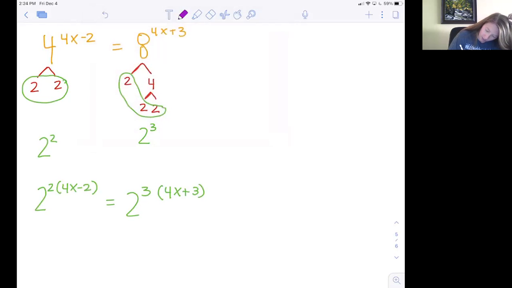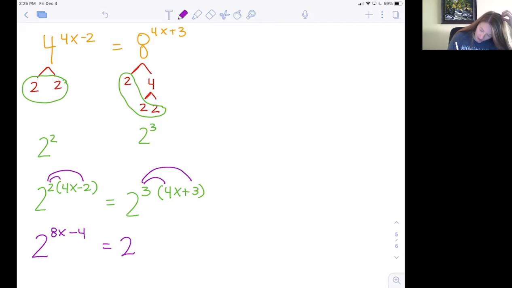Okay, now I have to multiply these exponents in. So I'm going to have 2 times 4x is 8x. 2 times negative 2 is negative 4. So I got 2 to the 8x minus 4. Then over here, I got to multiply the 3 in.